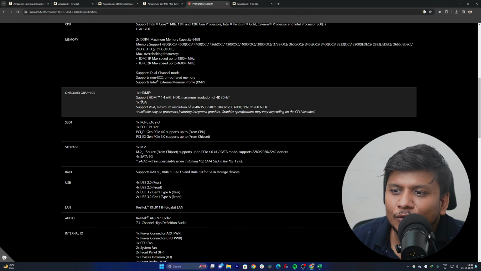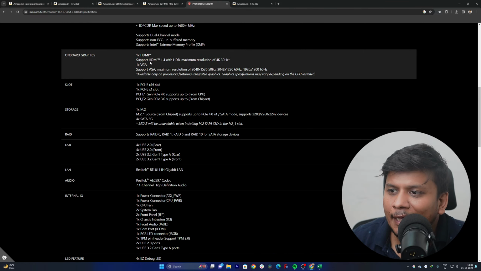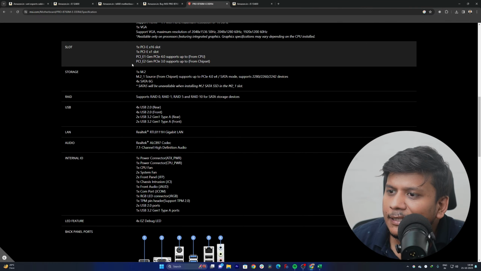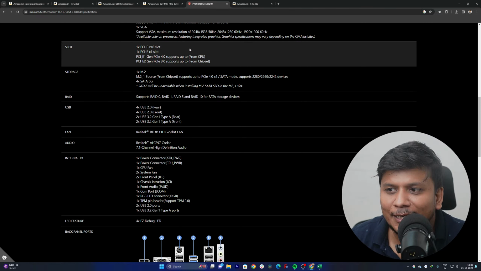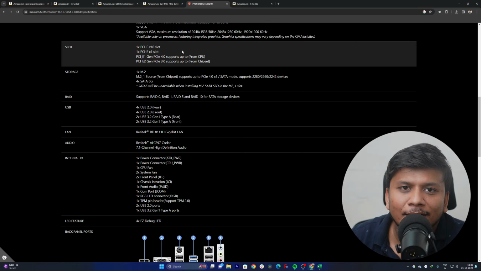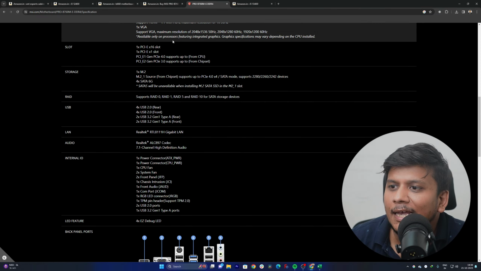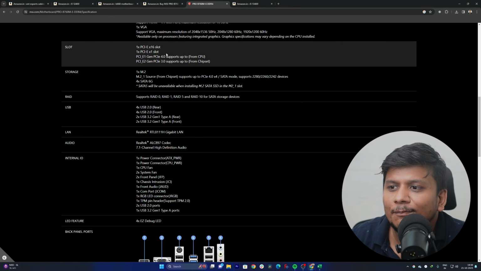Then it also has onboard graphics and HDMI 1.4. Then it comes with one PCIe x16 slot, the complete slot. That's great, where you can fit your GPU. Then it also comes with one PCIe x1 slot, only one lane.